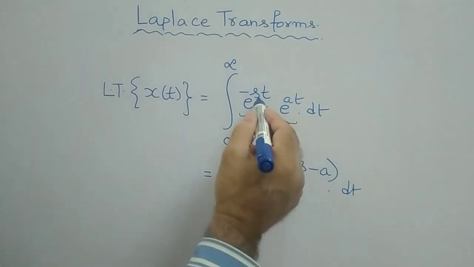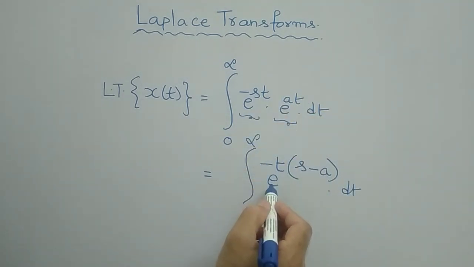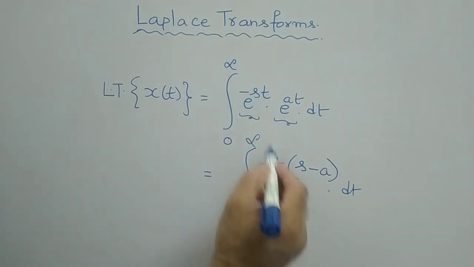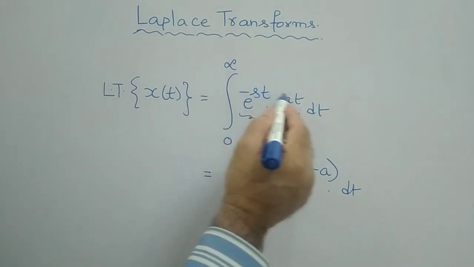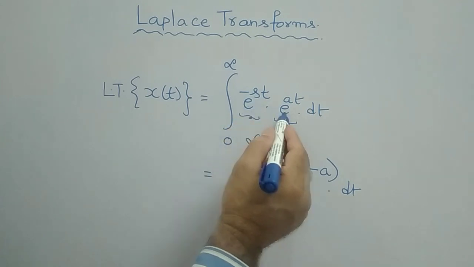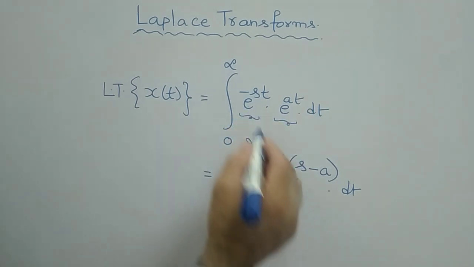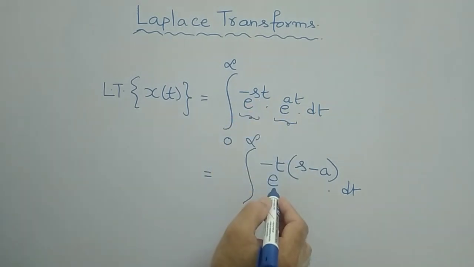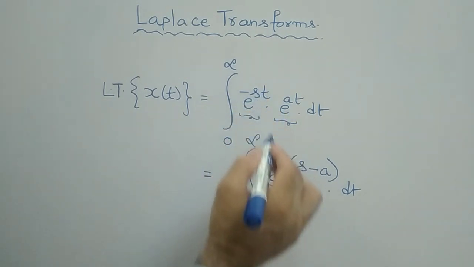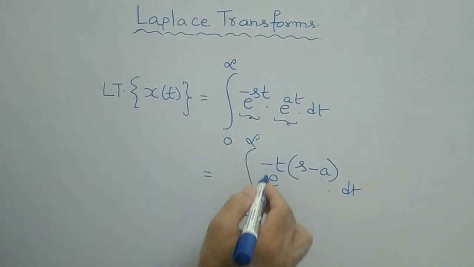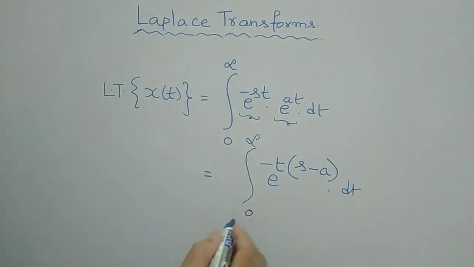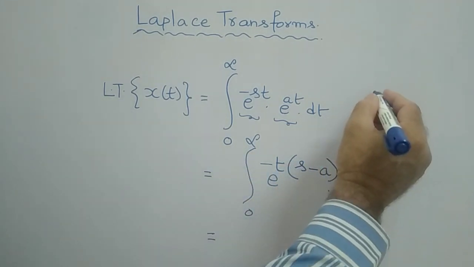So you can take minus t as common in the power, with e being the same base. This can be written like this. If you take minus t as common in the powers, then you will get it like this. Further, what is the formula?